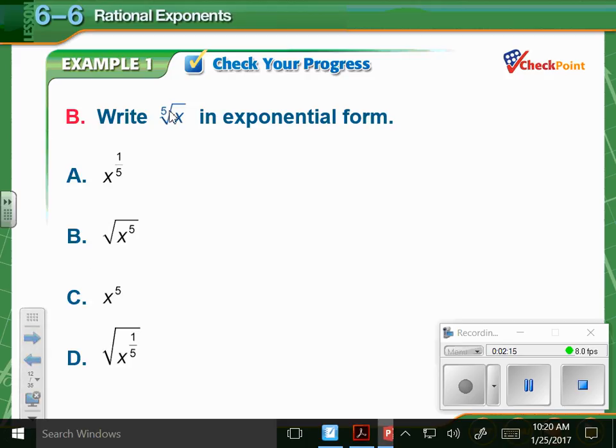This is the 5th root of x, which means in exponential form that would be the denominator of the fraction of the exponent.